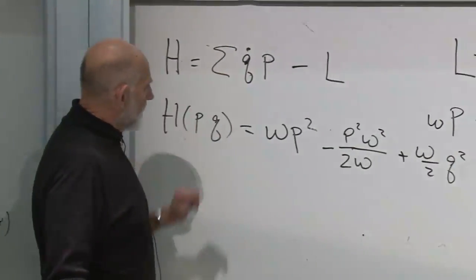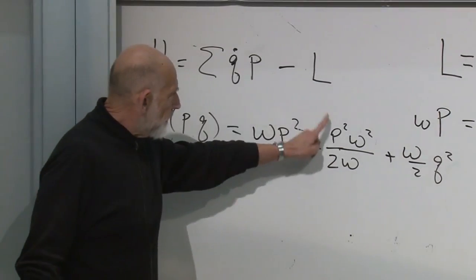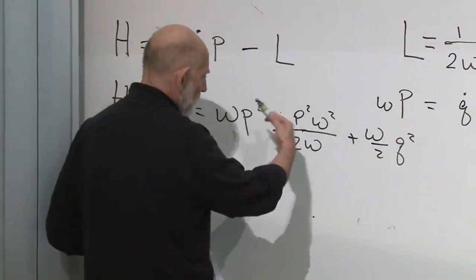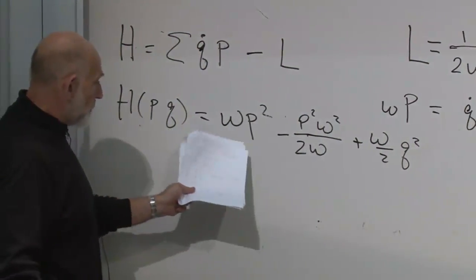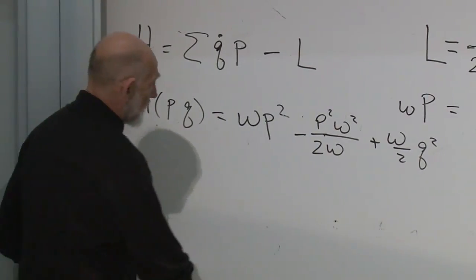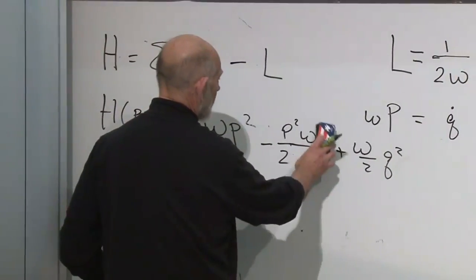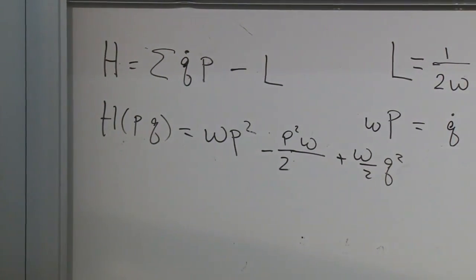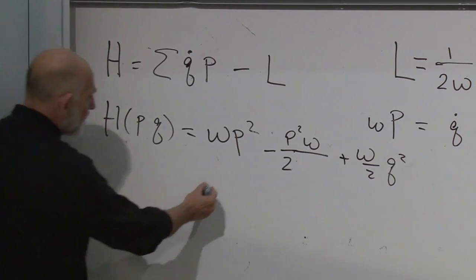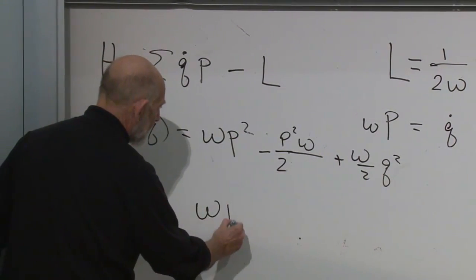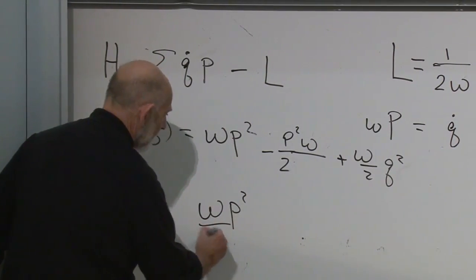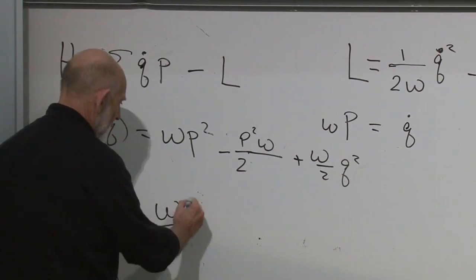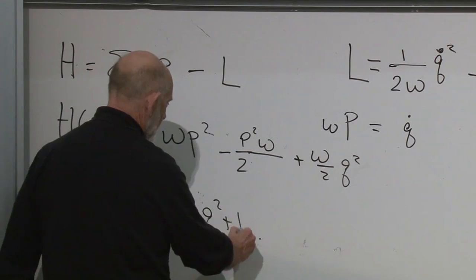The q dot p term combines with the kinetic term in the Lagrangian. Here's the kinetic term in the Lagrangian. It's being subtracted off. It's not omega squared p squared, it's a half omega squared p squared. Let's cancel out the omega here. This and this are the same except for the factor of 2. So what do I get? I get omega p squared over 2 plus omega q squared over 2. Omega over 2 times q squared plus p squared.